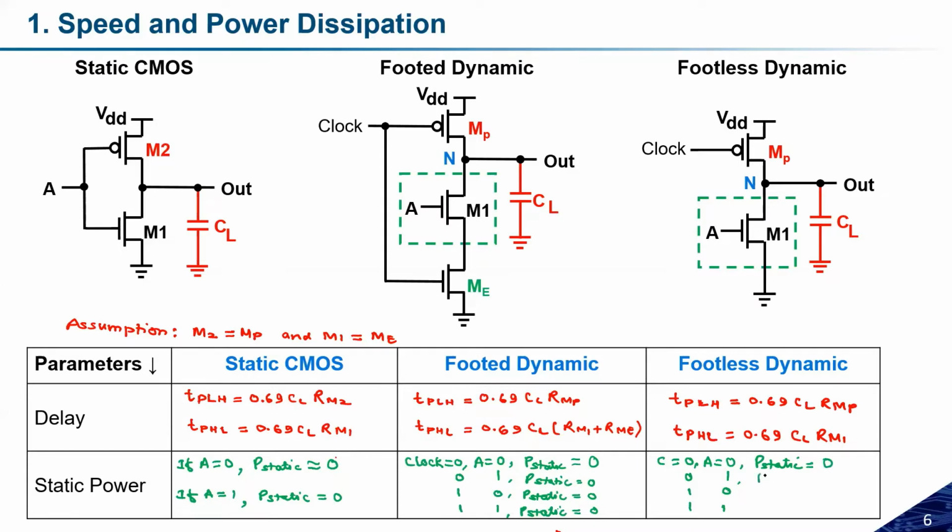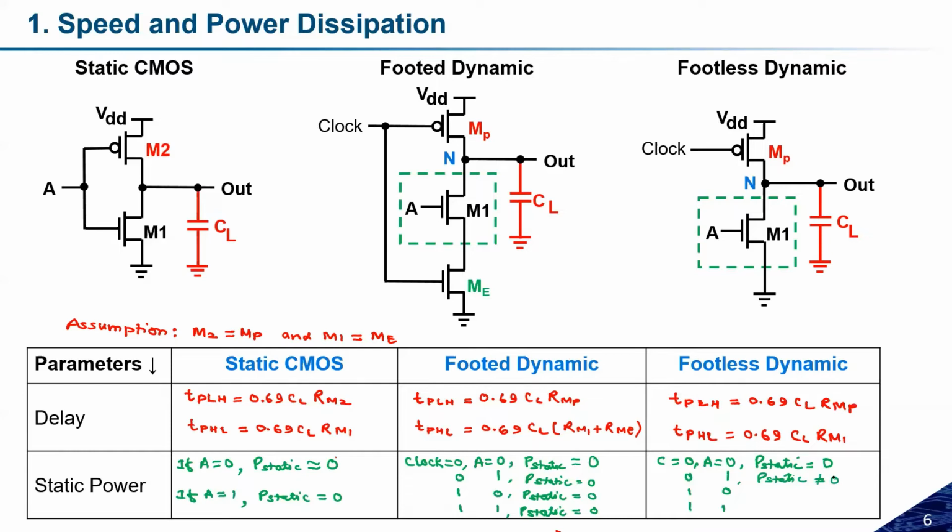But if we see clock 0 and input is equal to 1, in this case we will observe some power dissipation, a direct path will be there, M1 and MP are both in on state, so P static is non-zero.